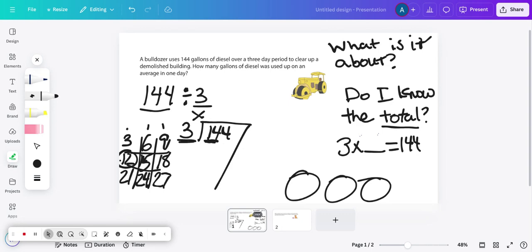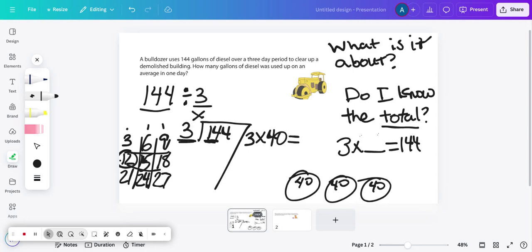So the way we write that is 3 groups times 4 tens, which is 40. So each group is going to get 40. They're going to get 40, 40, 40.